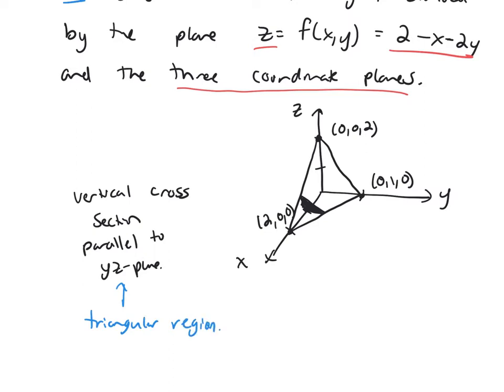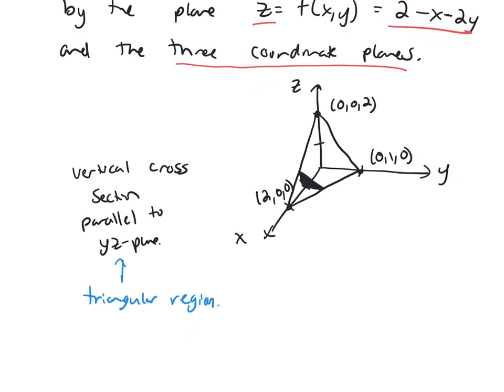And for me to find the area of a triangle, I just need the base and the height. So if we look at the base of this triangle, the base is on the XY plane, and so z is 0.